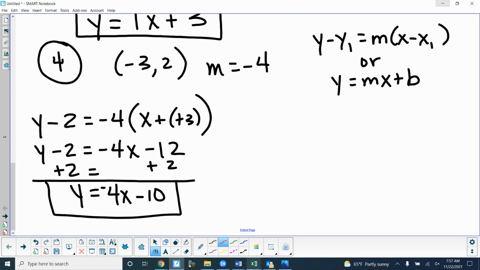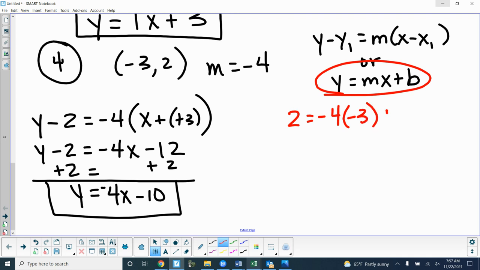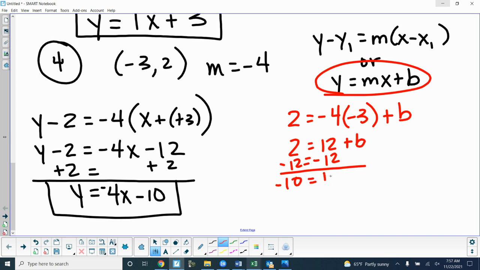If you want to do it this way, you put 2 in for the y, -4 in for the m, -3 in for the x, and then just solve for b, which is 2 equals +12 plus b, and then get b by itself. You get -10 equals b.